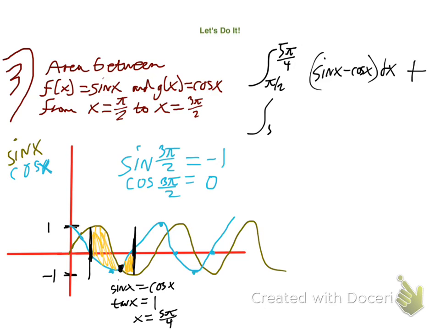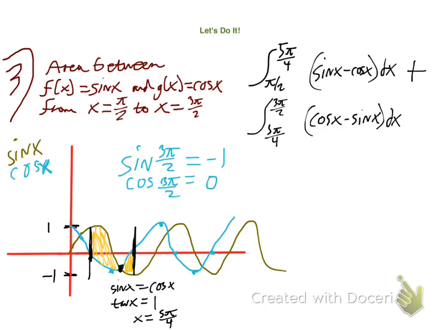And then what's the top limit going to be? It's the line furthest to the right, which is 3 pi over 2. And your top curve is the blue curve, which is cosine, and your bottom curve is sine, dx.